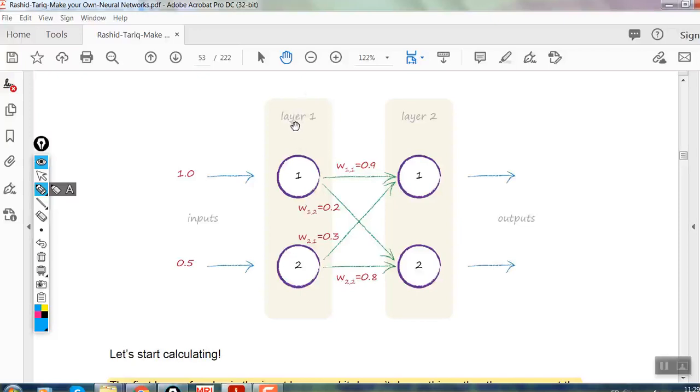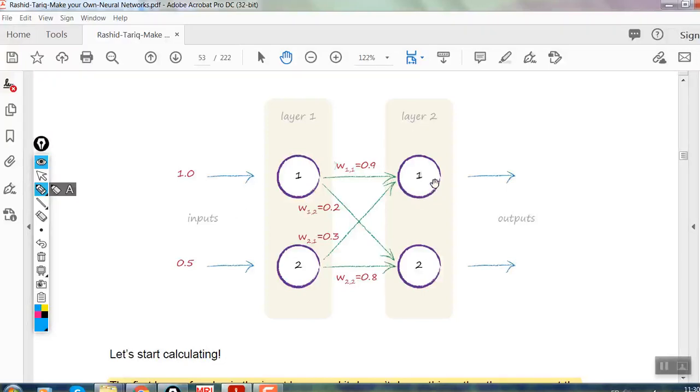The first layer only gets the inputs and then transmits them to other layers. Then the first layer doesn't have any activation functions.